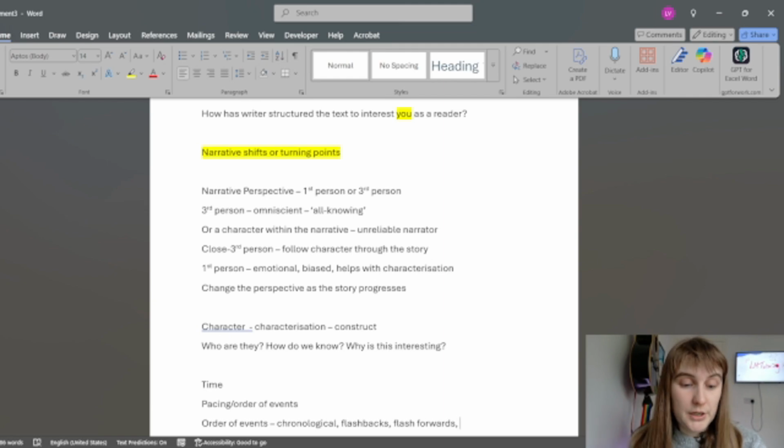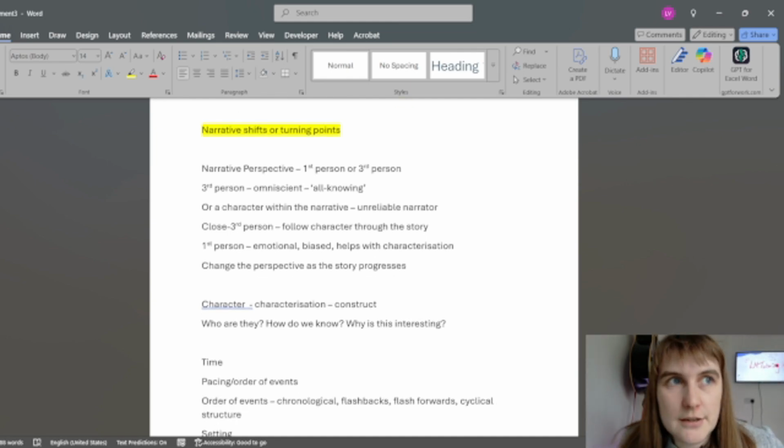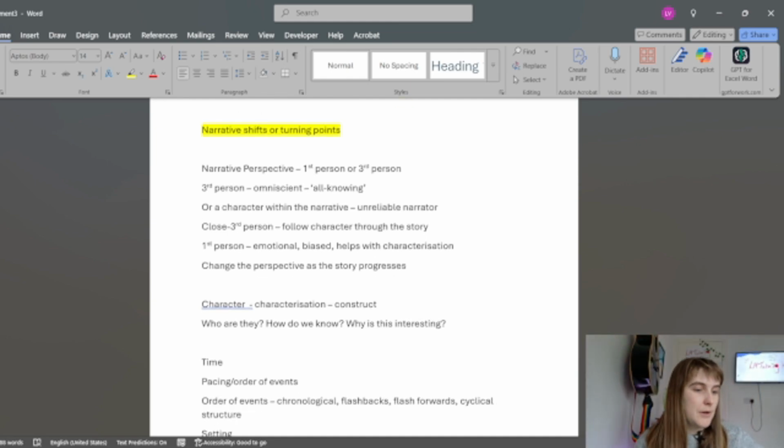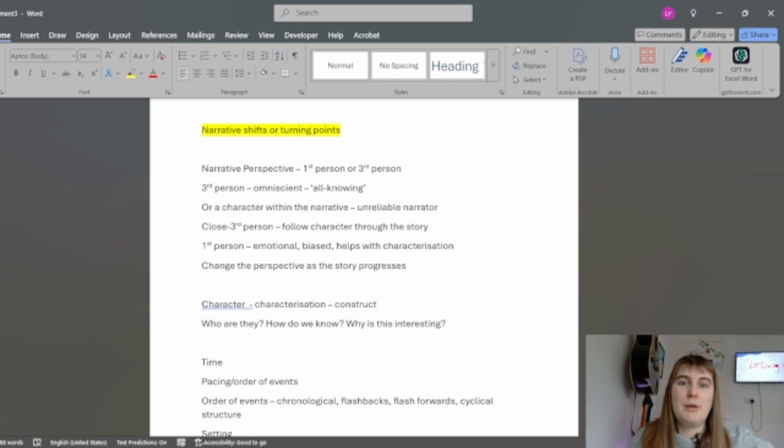What's also really popular is something called a cyclical structure, where we come back to the beginning almost at the end. Not necessarily the same scene, but a version of that beginning. And that can be a nice, neat way of wrapping up a story.